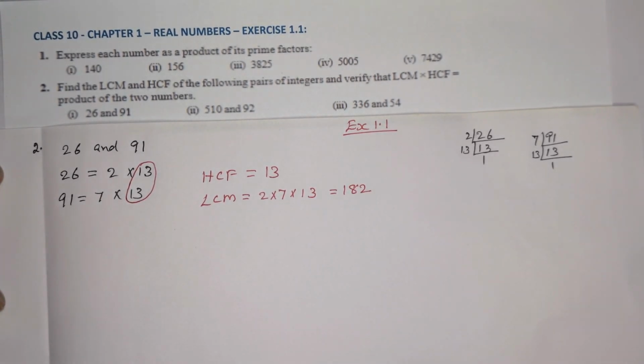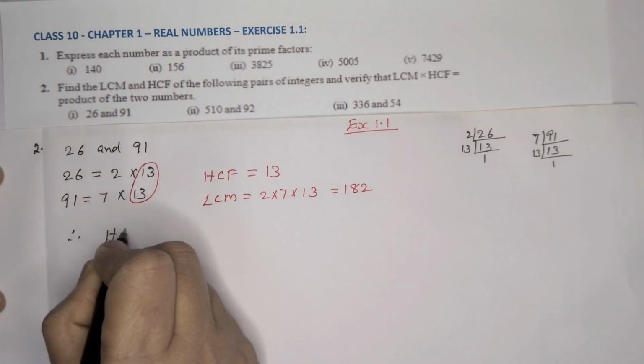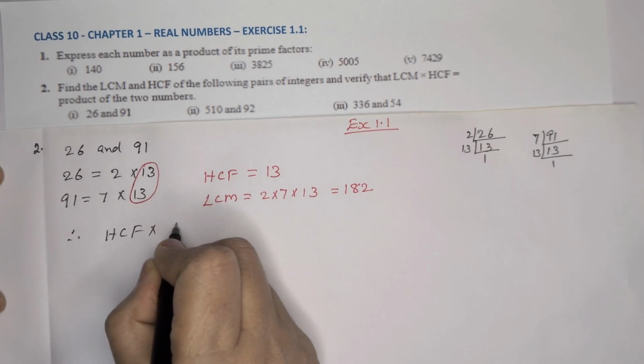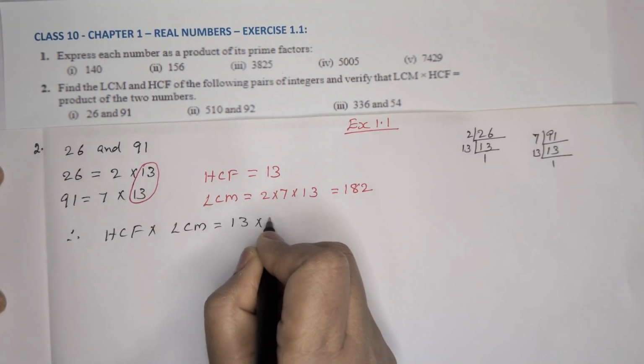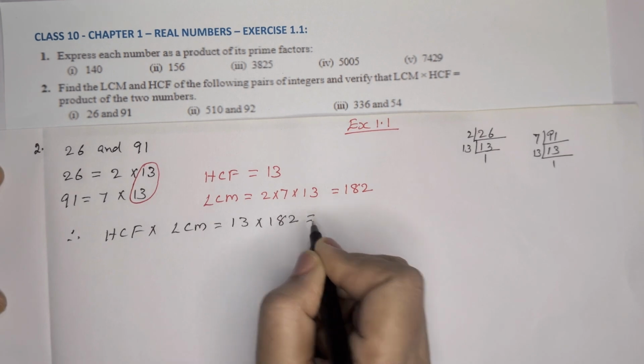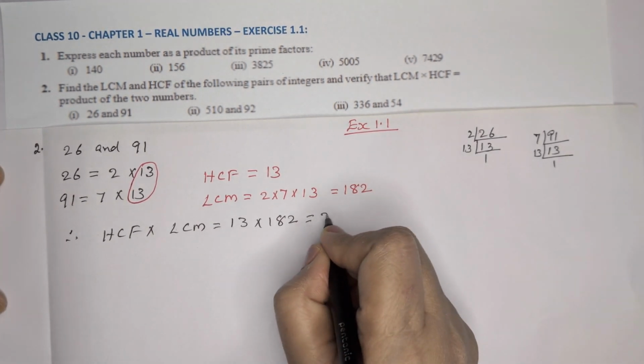Now we have to prove that HCF into LCM is equal to the product of the numbers. Therefore, HCF into LCM is 13 into 182, which is equal to 2366.